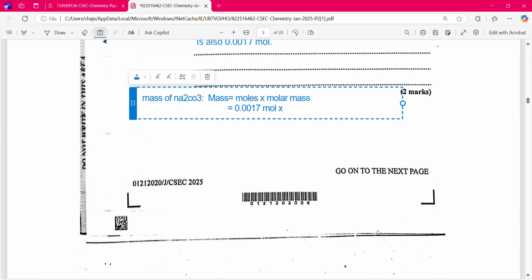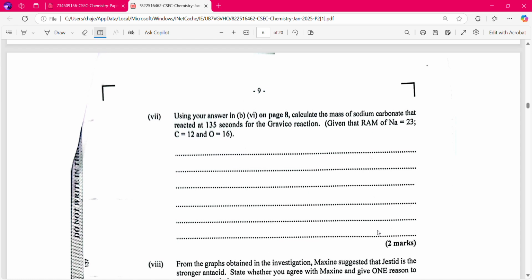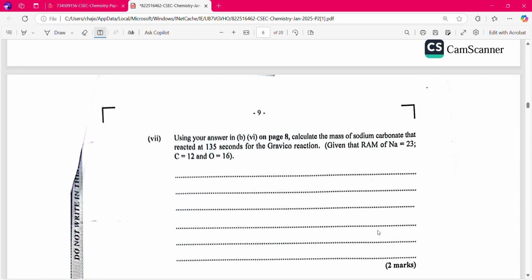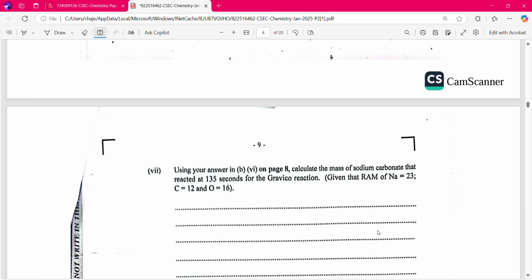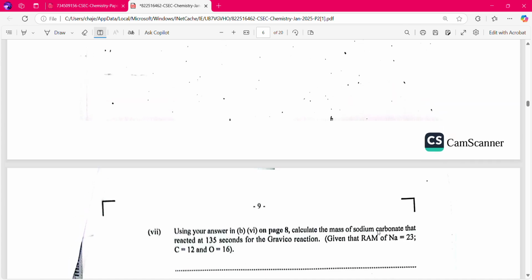I could write it out myself. So 23 times 2 equals 46, plus carbon is 12, and then we have 3 oxygens, 3 times 16.